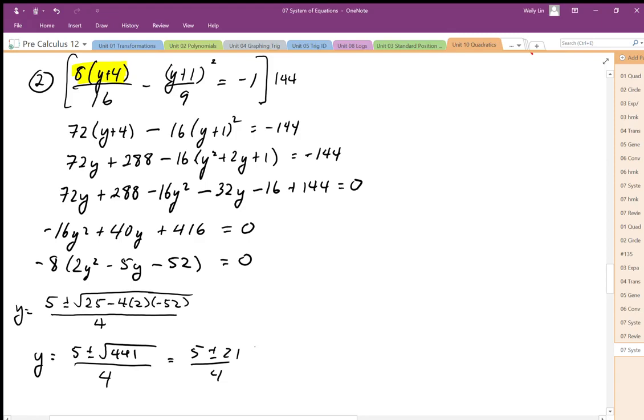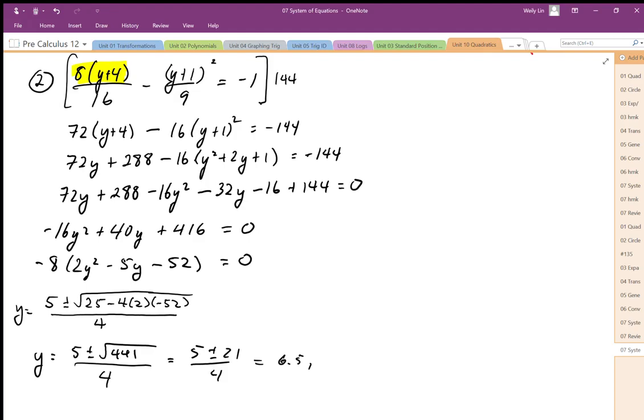That's going to be 26 over 4, which is 6.5, and y also equals 4.5 or negative 4.5.